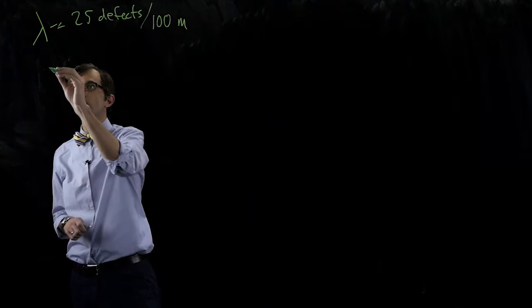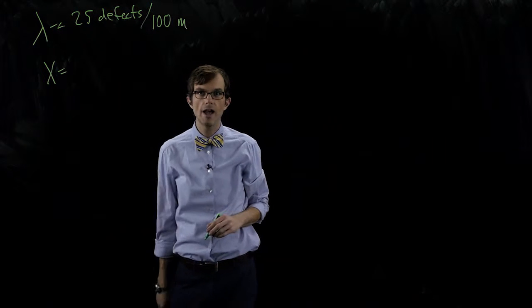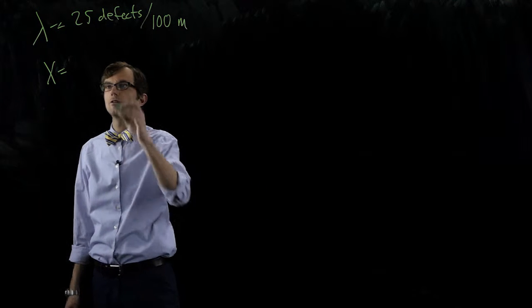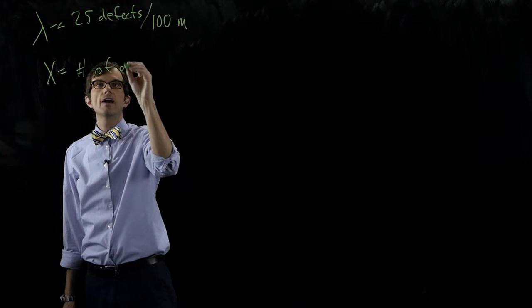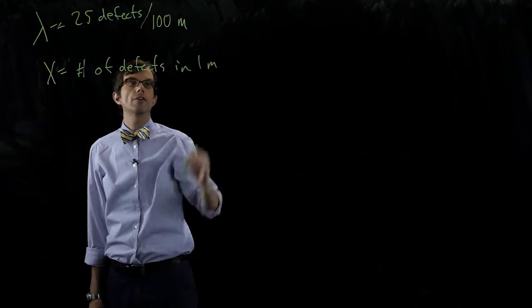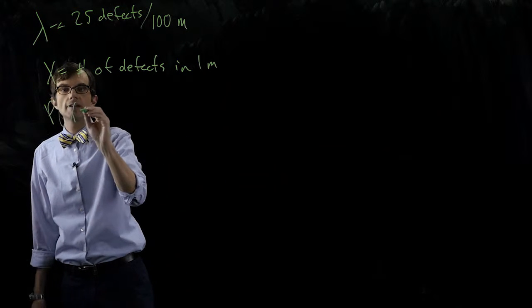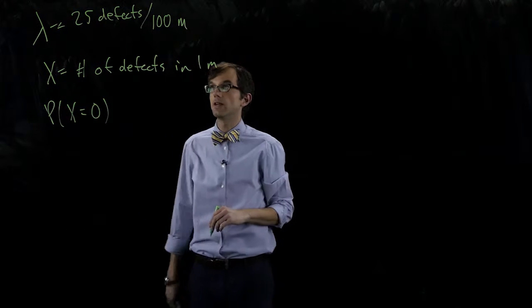Okay? And we want to know what's the probability that, let's say, random variable x takes on the value of 0 imperfections in 1 meter of cable. That is, x is going to be the number of defects, imperfections, in 1 meter of cable. We want to know what's the probability that x equals 0. Probability that there are no imperfections in 1 meter.